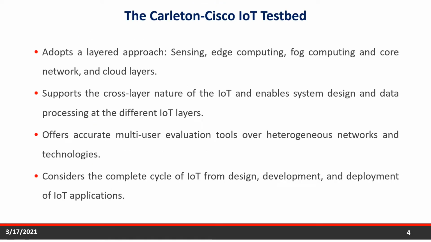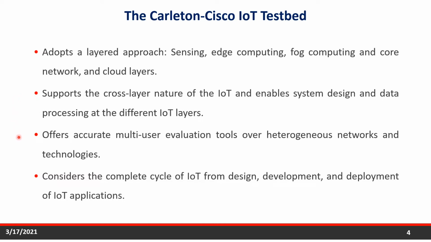The Carleton-Cisco IoT testbed adopts a layered approach with four main layers: sensing, edge computing, fog computing and core network, and cloud layers. It also supports the cross-layer nature of the IoT and thus enables system design and data processing at all of these layers.